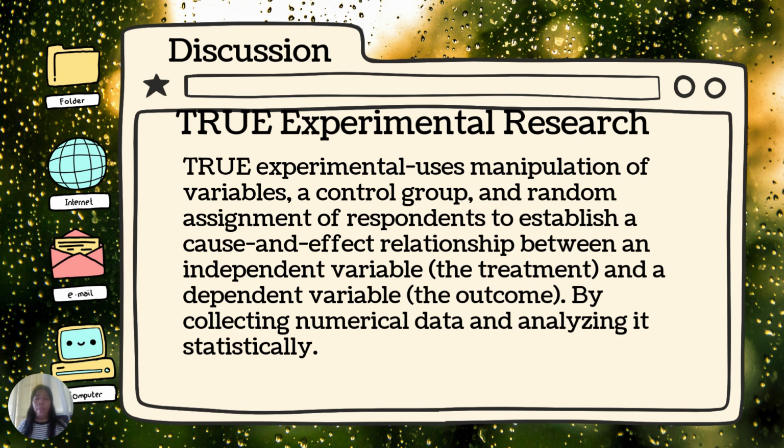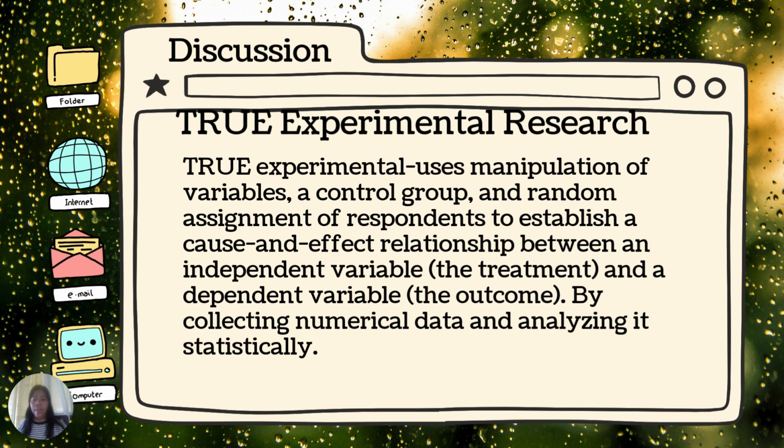It uses manipulation of variables, control group, and random assignment of respondents to establish a cause and effect relationship between an independent variable, which is the treatment, and the dependent variable, which is the outcome, by collecting numerical data and analyzing it statistically. Okay, there is also numerical data going to be showcased when holding the true experimental.